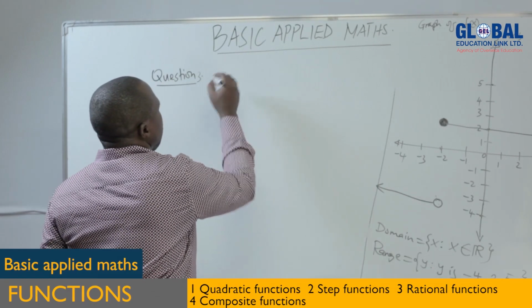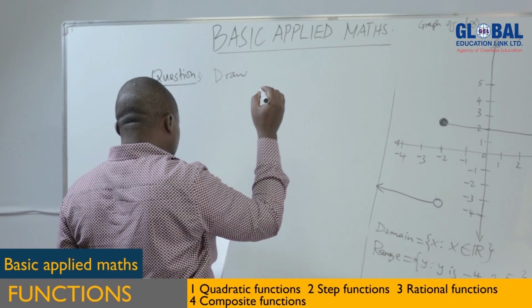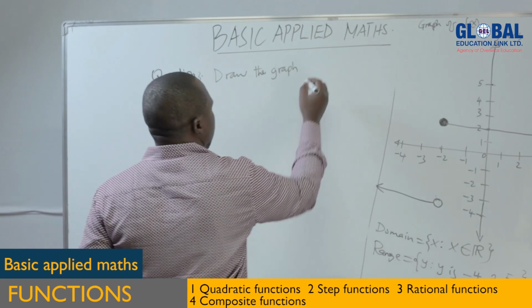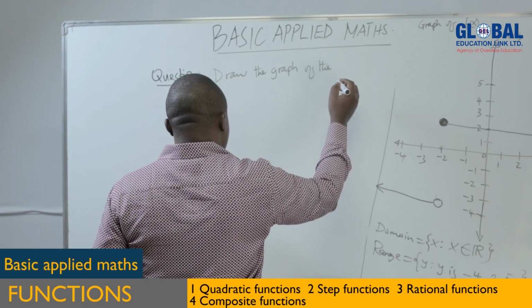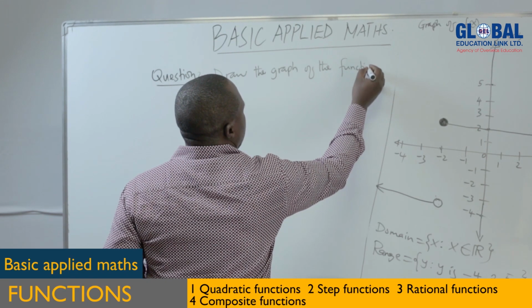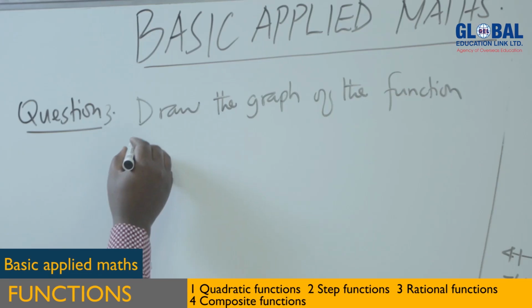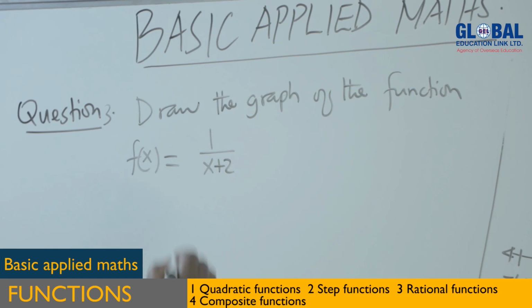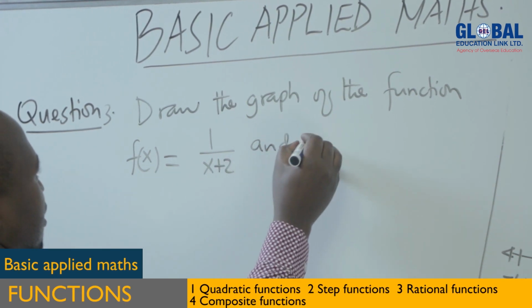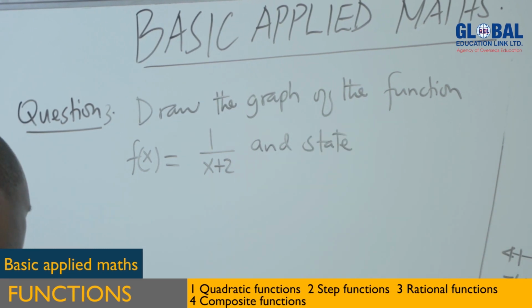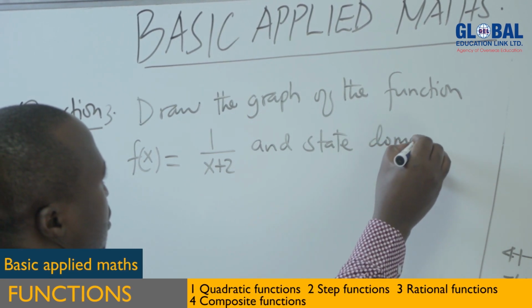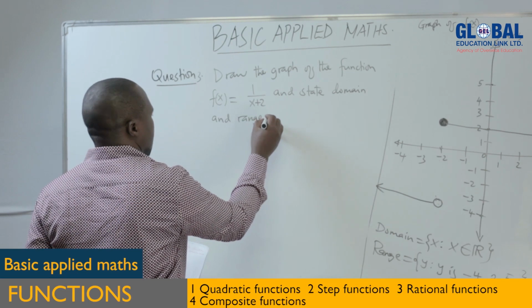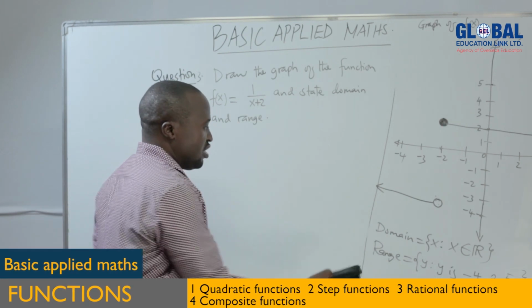The question says, draw the graph of the function f of x is equal to 1 over x plus 2, and state the domain and range.